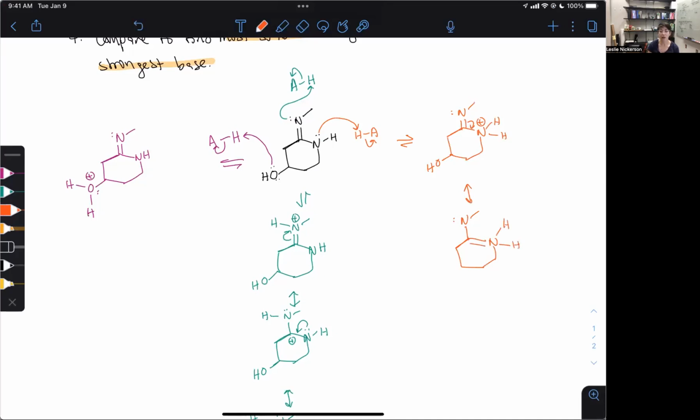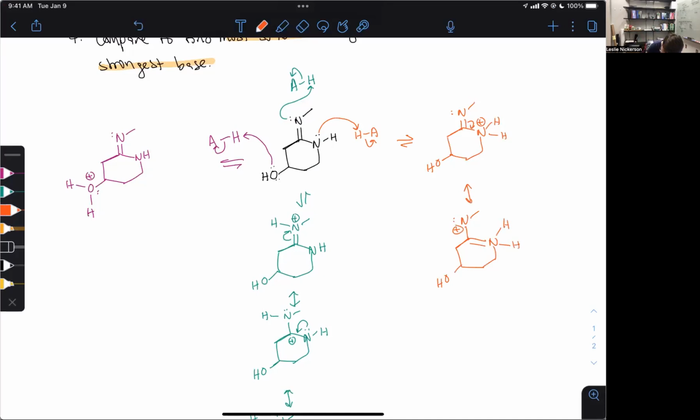Okay, so let's try to figure out some formal charges here. The nitrogen at the top, 5 minus 1, 2, 3, 4, so that's plus. Then the nitrogen at the bottom, 1, 2, 3, 4, 5. Technically neutral.